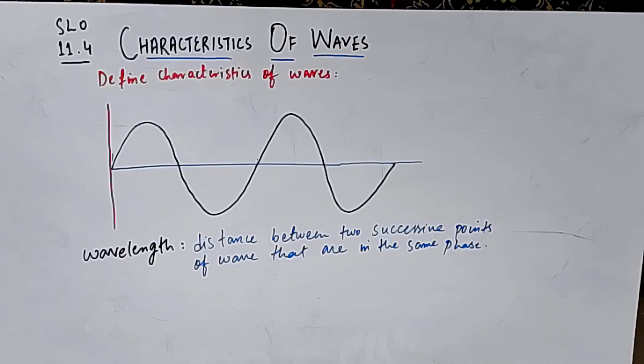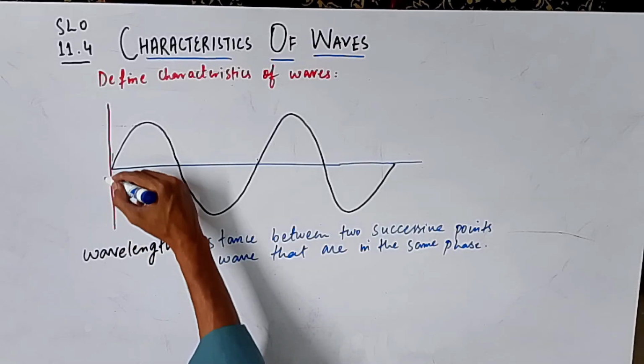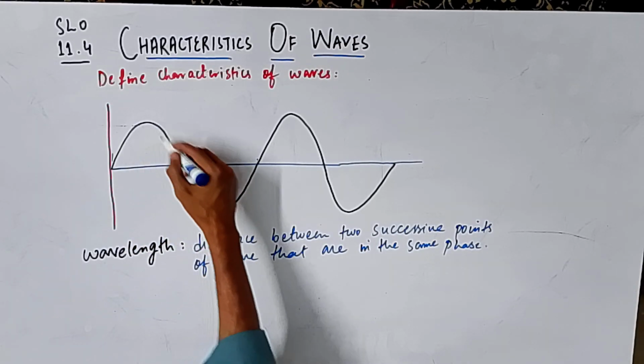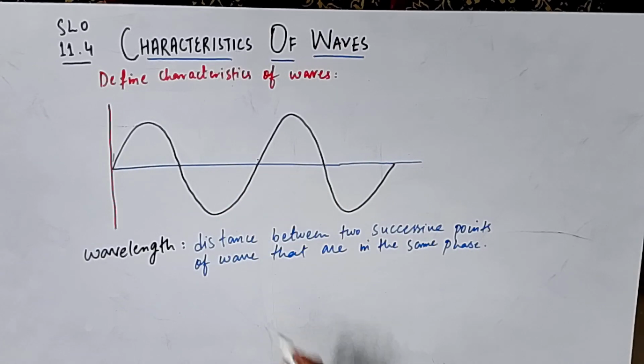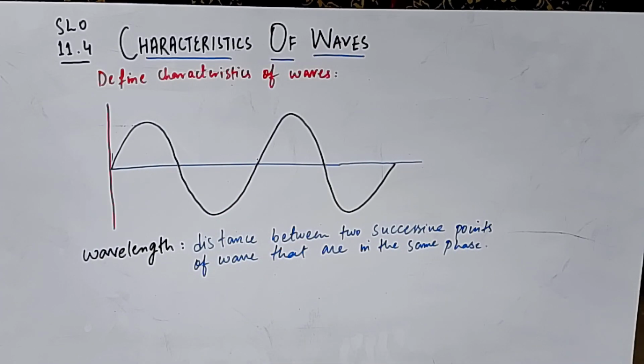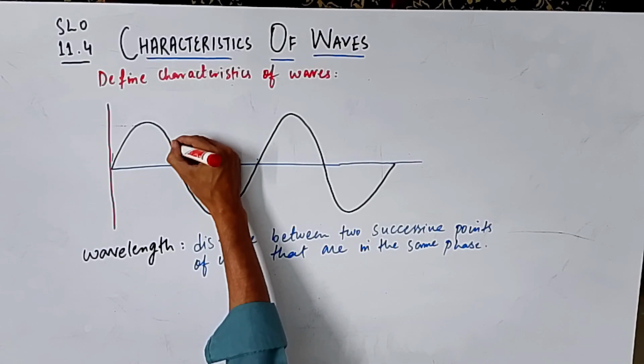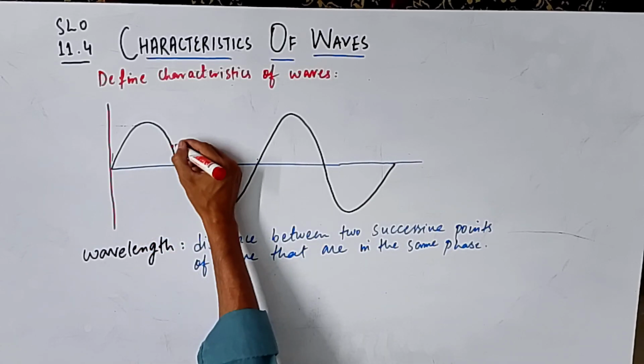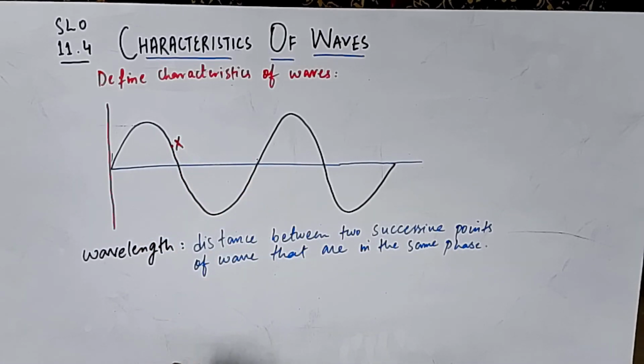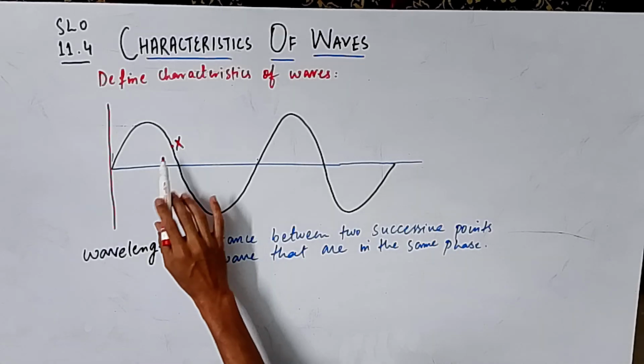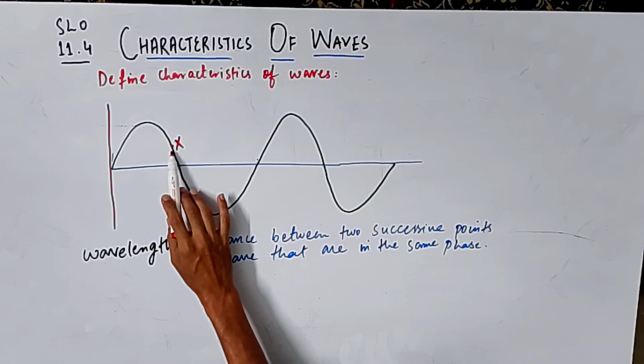Phase means that this particular upper part is called the upper phase and this particular lower part is called the lower phase. For example, if I am taking this point, let's call it point X. Now I will see the successive point on the wave which will come next.